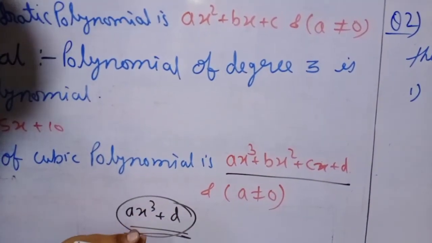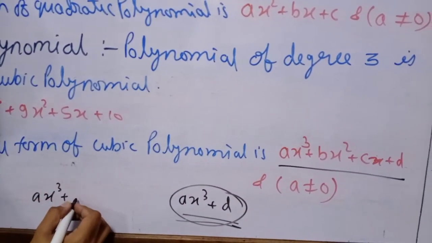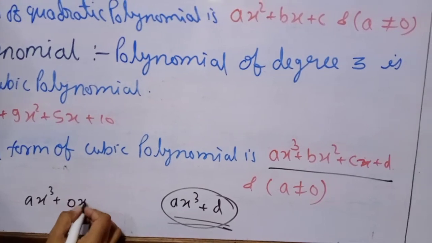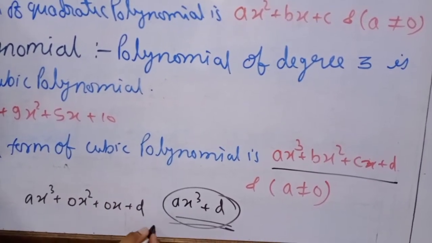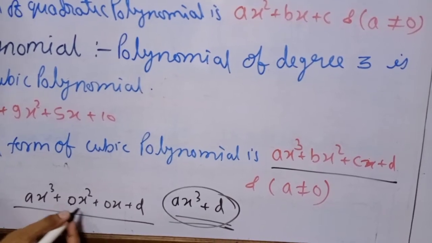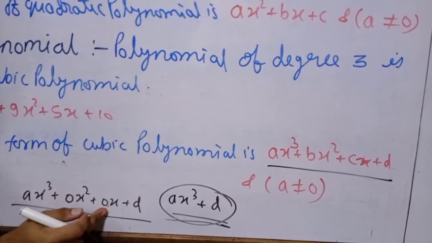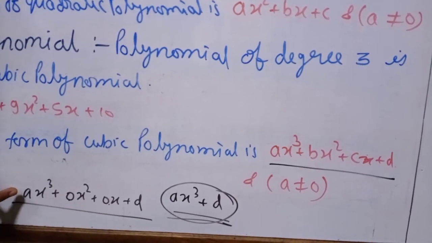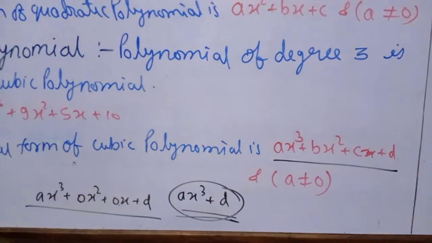Whenever we are talking about the general form, it should be converted like ax cube plus 0x square plus 0x plus d. That means in the middle we can make b 0, we can make c 0, but we cannot say that a will be 0. That is given in our condition.